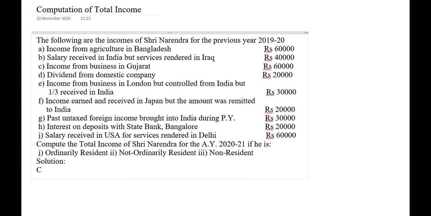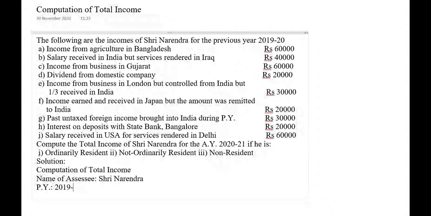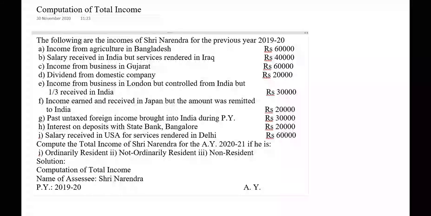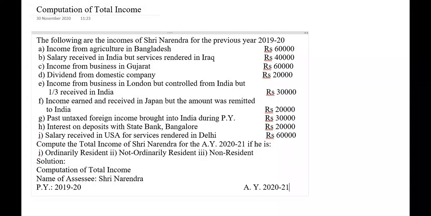So now let us solve this. Computation of total income. Name of assessee: Shri Narendra. Previous year 2019-20. Assessment year 2021. So now let me insert the table here.